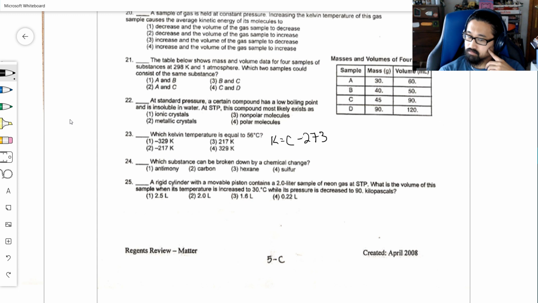Yeah, so I have to take 56 minus 273. That's negative 217 Kelvin. Be careful with your math here. Why do I feel like that's wrong? No, Celsius is Kelvin plus 273. Did that track? No, that's wrong. That's wrong. I'm being dumb.